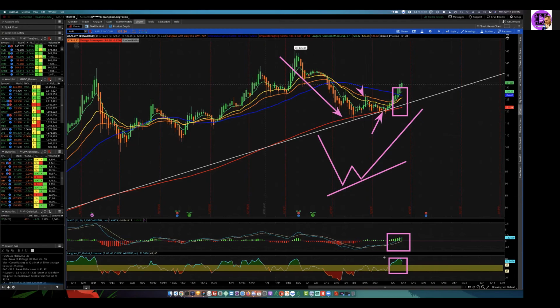I find that there's a lot of massive moves that happen in this greater than 60 level on the RSI. So we came up, we smacked into some sort of resistance here, right? We could be forming a cup and handle.